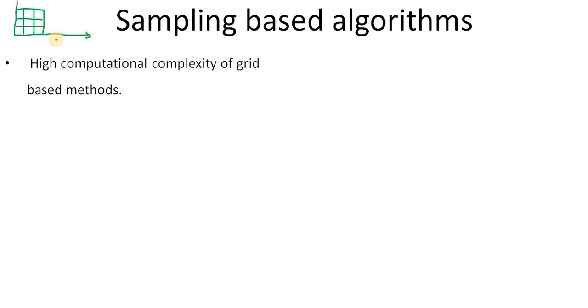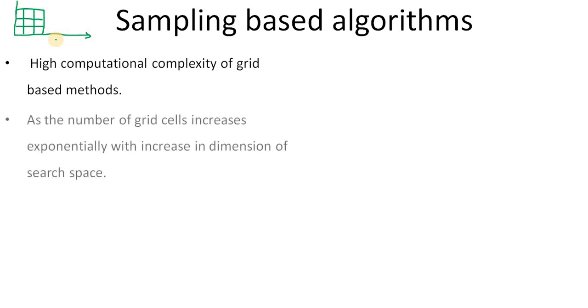It increases exponentially. If there are more dimensions, the number of cells will increase exponentially, which makes the total number of cells in the grid much higher, so it will take longer to find a path in a bigger grid. That was one of the disadvantages I have discussed here.